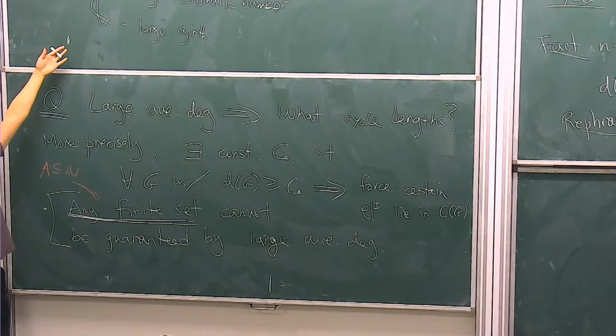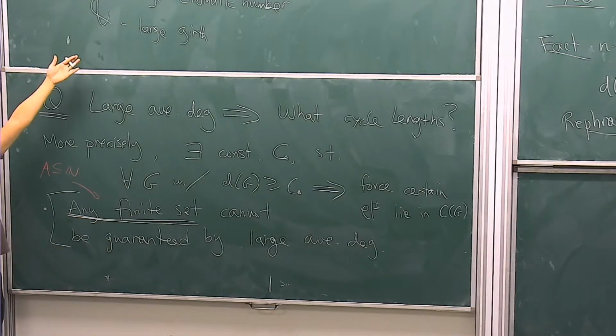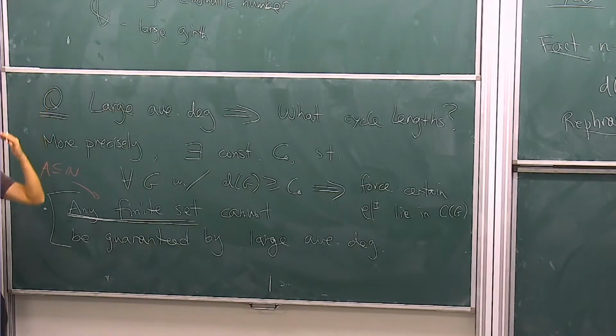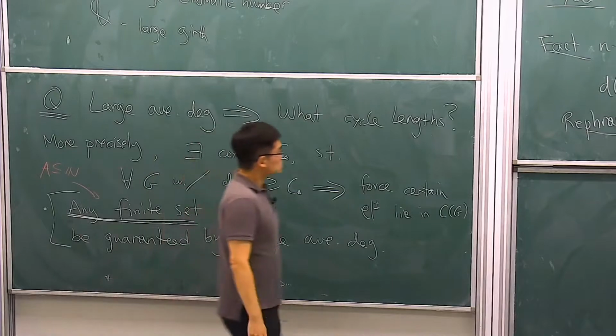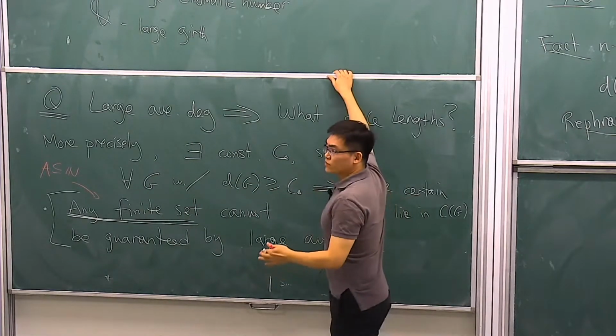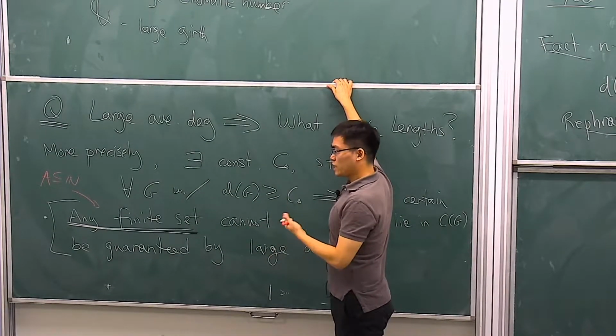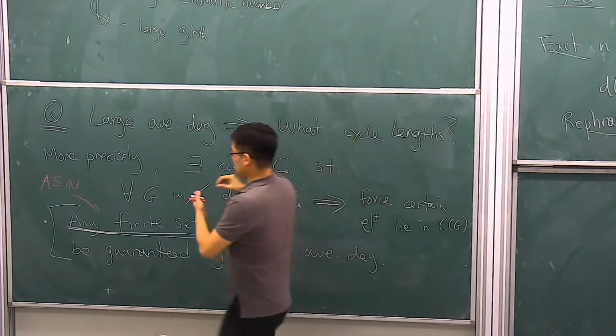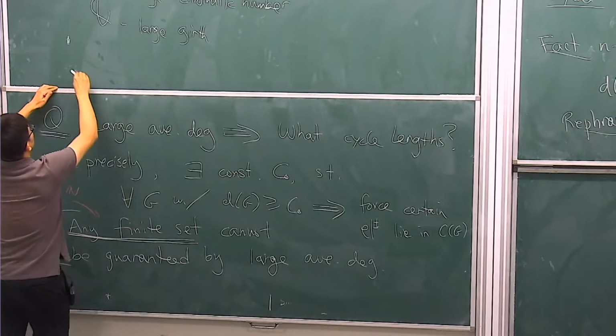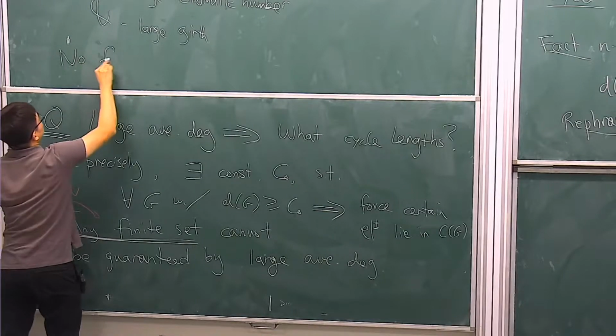Then why does this graph have large average degree? Because when you have chromatic number k, you can make it k-critical, chromatic critical, so it has degeneracy k minus 1. It contains a subgraph that has arbitrarily large average degree. So chromatic number is a stronger condition than average degree. That's the first piece of negative news: we cannot force any of our favorite finite sets. No finite set. Okay.